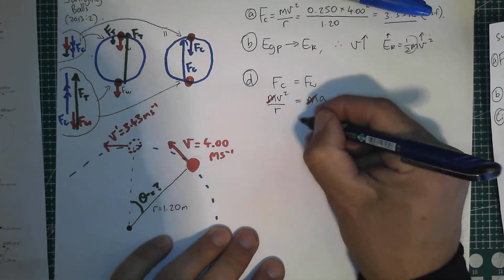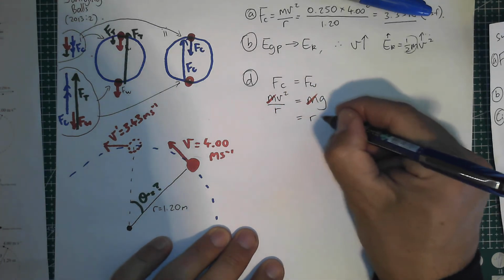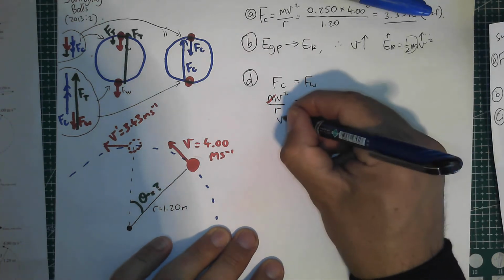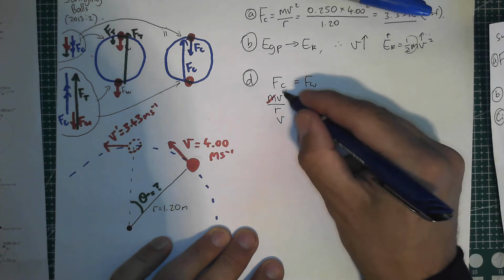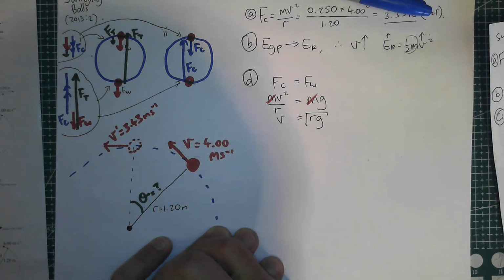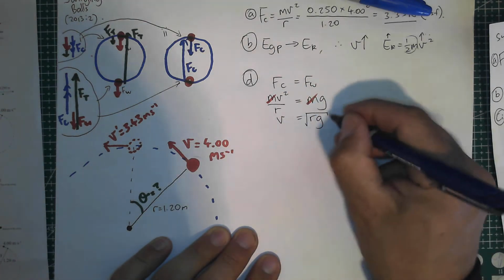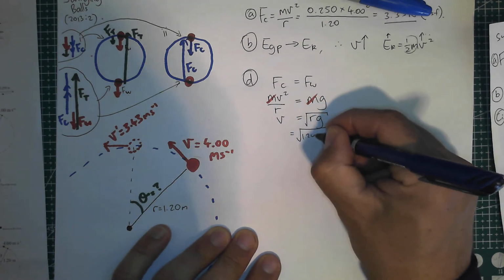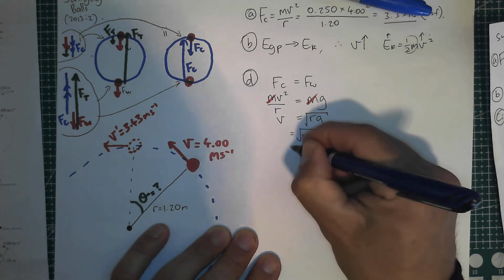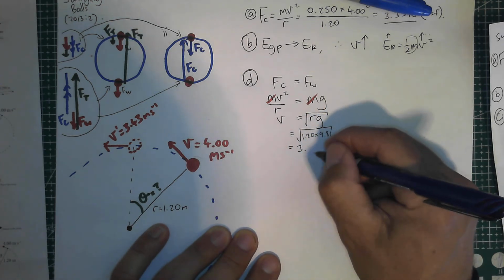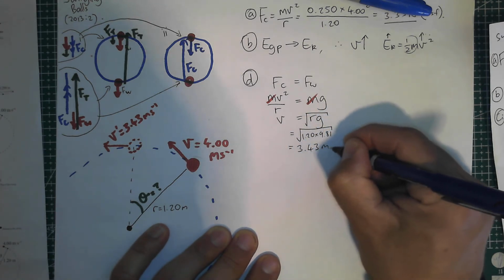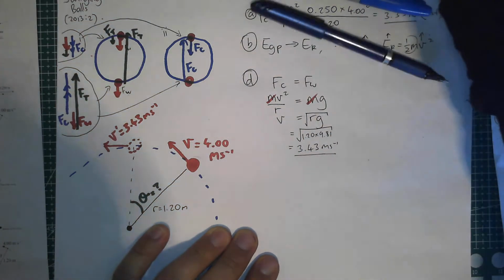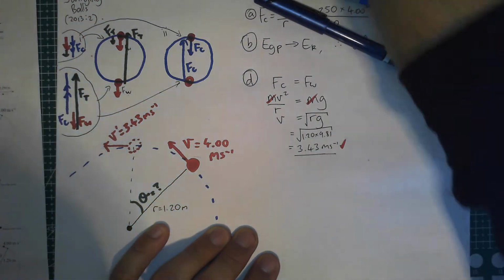So I'm going to take r from the bottom on this side and put it on the top over here. And then, because it's a square on this side, I'm going to move that over to the other side and we get a square root. Now I've got all these values, these are all known, so I can substitute those in. 1.20 times 9.81, and I can solve, and I get 3.43 meters per second.